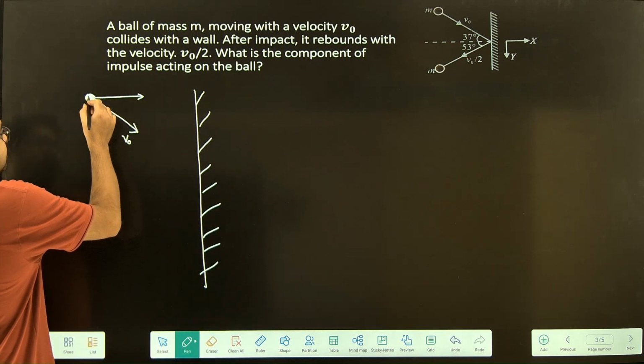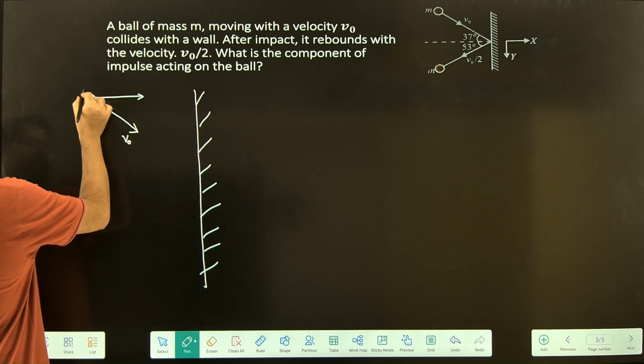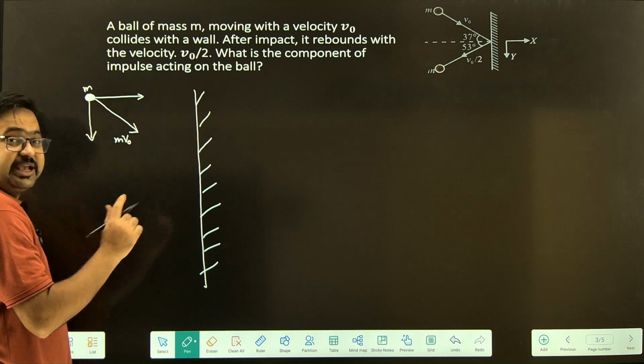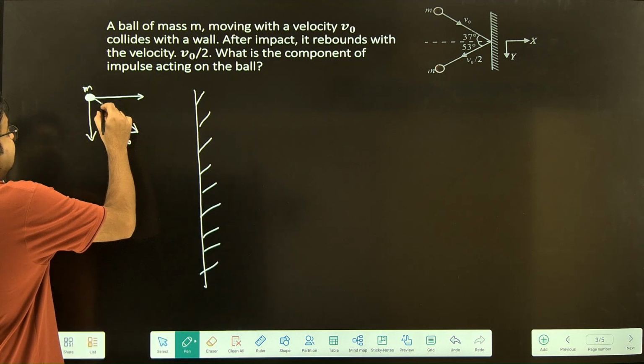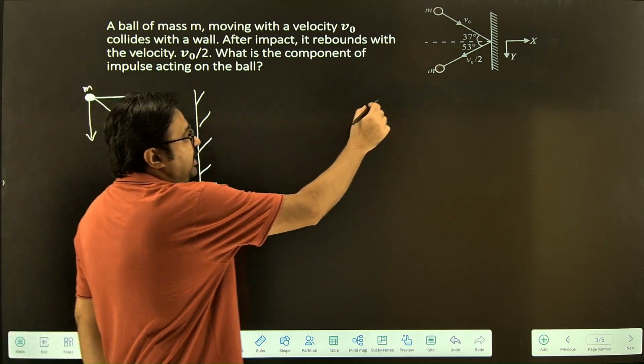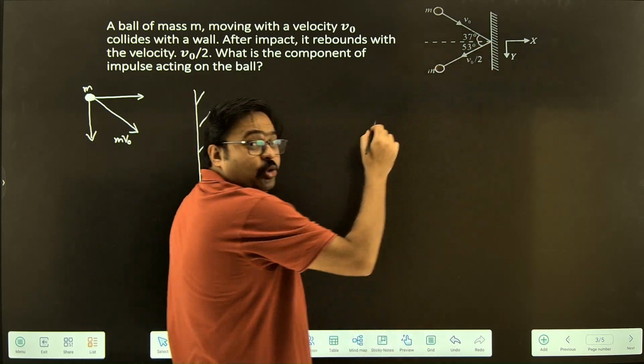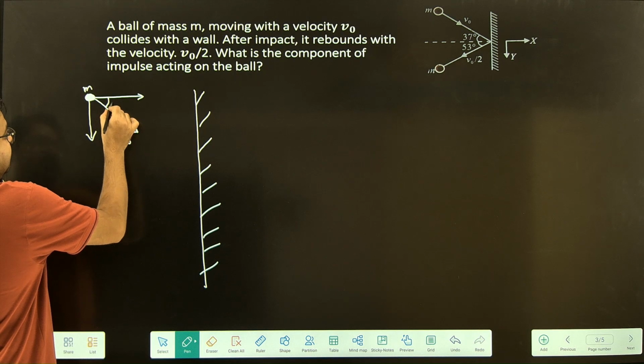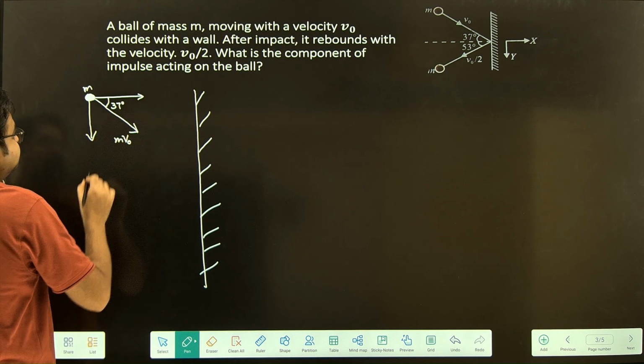If you talk about the ball's momentum, then the mass of the ball is m, so its initial momentum is mv naught. The x-axis makes an angle of 37 degrees with the initial momentum, so I shall draw that angle to be 37 degrees.